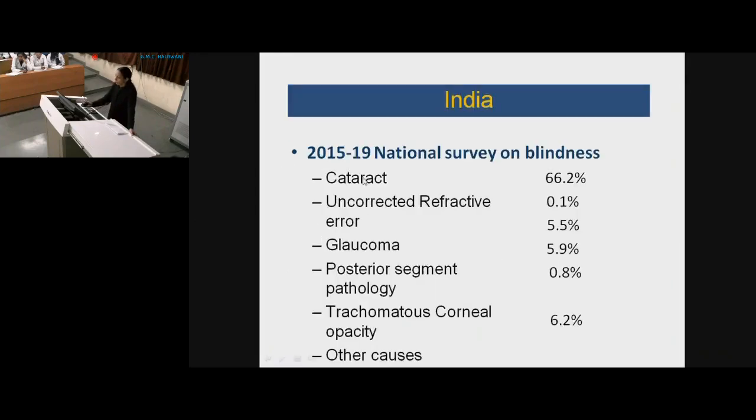So the 2015-19 survey has shown that cataract is responsible for 66.2%. This is the prevalence in India. Uncorrected refractive error forms 0.1%, glaucoma 5.5%, posterior segment pathology responsible for 5.9%, trachomatous corneal opacity 0.8%, and other miscellaneous causes 6.2%.